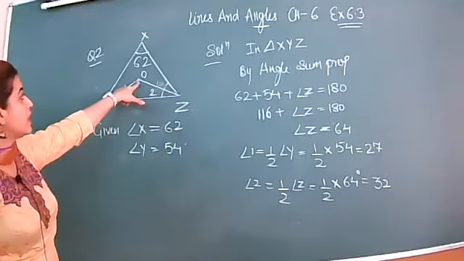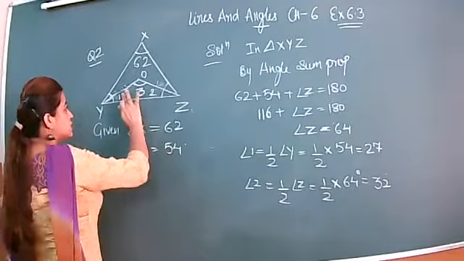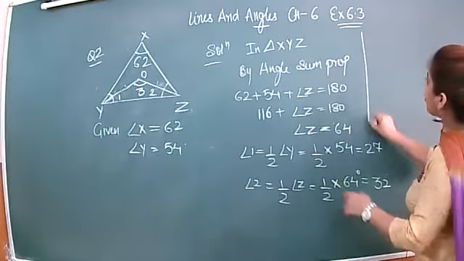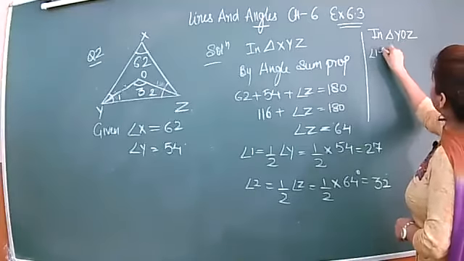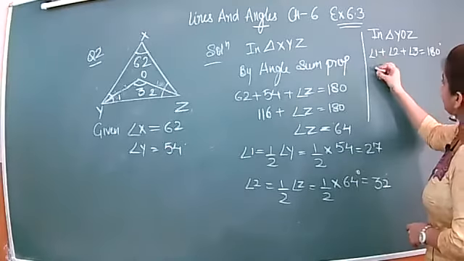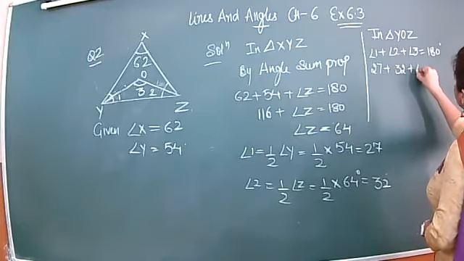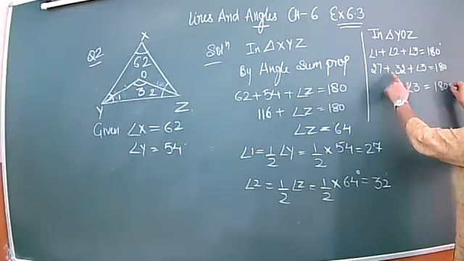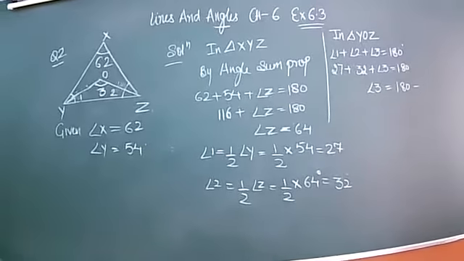What rest we want to do? We want to find this angle O. If I mark this angle as 3, so can I find angle 3 by using angle sum property in this small triangle? So in triangle YOZ, angle 1 plus angle 2 plus angle 3 is equal to 180. Angle 1 is 27, angle 2 is 32, and angle 3 we want to find, that you will get after subtracting the sum of these two angles from 180, and the sum of these two angles is 59.